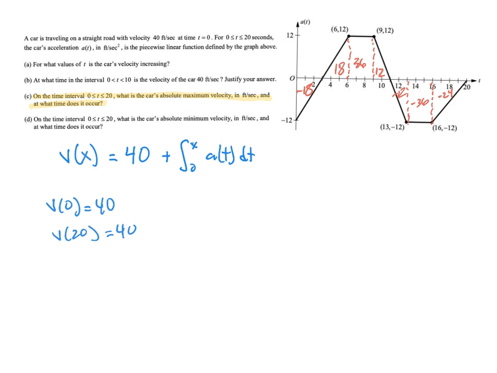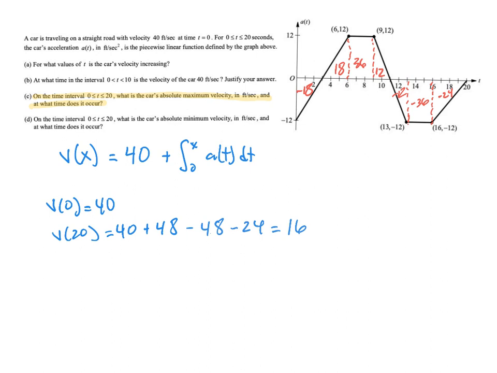So then plus 36 plus 12, that's 48. Minus 12, minus 36, that's another 48. So this is all 0. I'm just going to put minus 48 right here. So that's 0. And then minus 24. So that's 16. So v of 20 is 16.